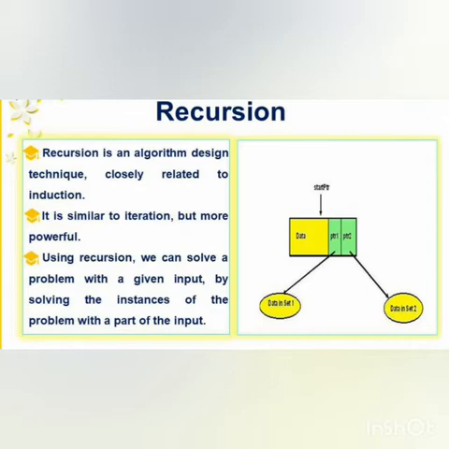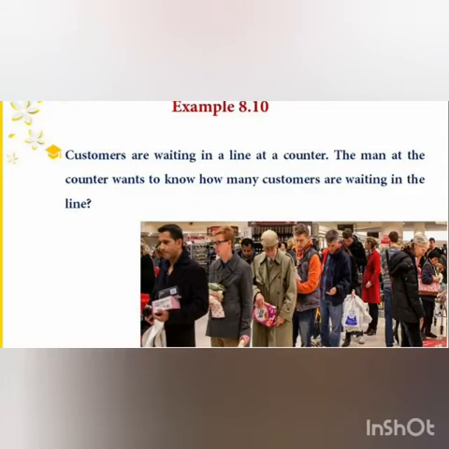Now, let's see an example for this. Customers are waiting in a line at a counter. The man at the counter wants to know how many customers are waiting in the line. So, this is the problem. Imagine you are waiting in a long queue.